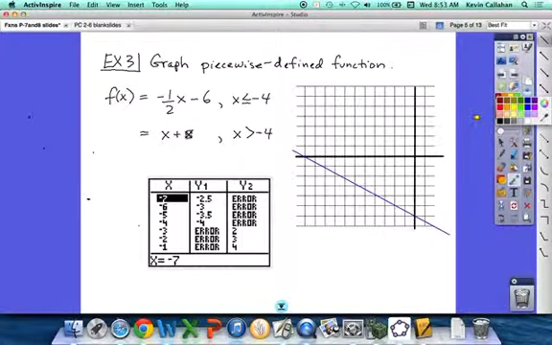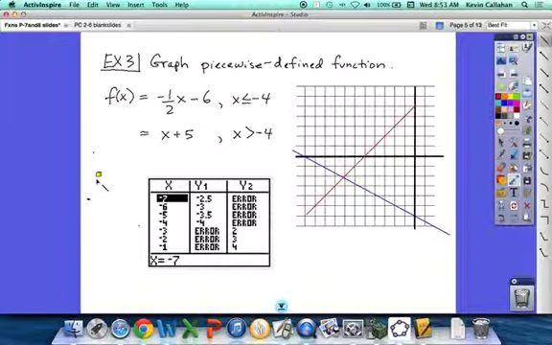This other one has a graph with a y-intercept of 5 and a slope of 1. So start at 5, 1, 2, 3, 4, 5, and a slope of 1. That would make it look something like that.